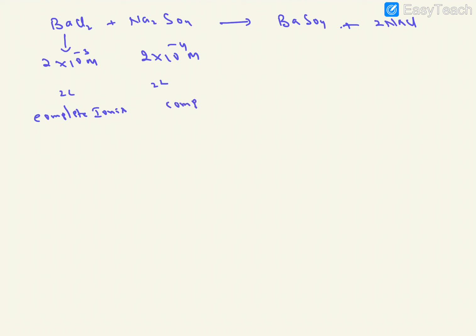Okay, we know that this is completely ionized, and here also completely ionized, right? So what is the concentration here? The barium Ba2+ concentration is 2 into 10 to the power of minus 3 divided by 2, which equals 10 to the power of minus 3 molarity.